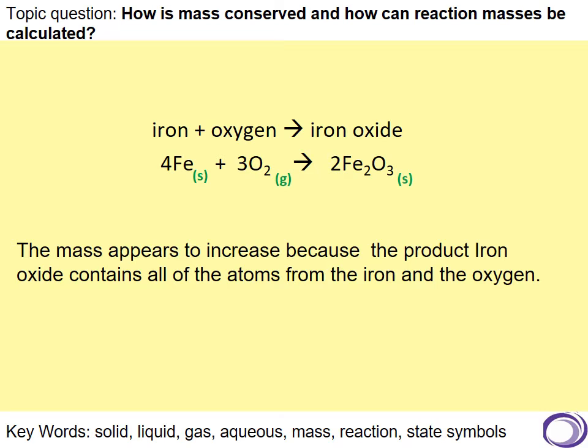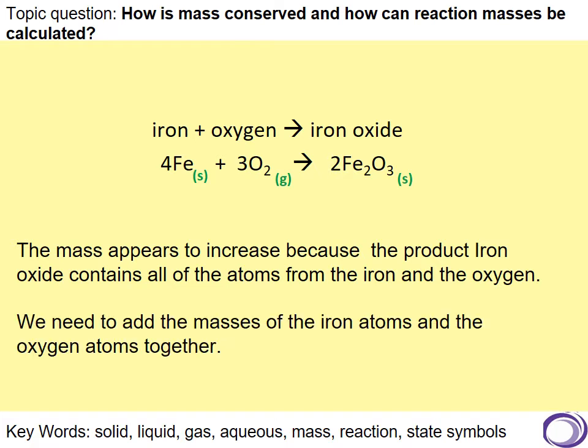The mass would appear to increase because the product iron oxide contains all of the atoms from the iron and the oxygen. So we would need to add the masses of the iron atoms and the oxygen atoms together. And this would show us then that mass had been conserved.